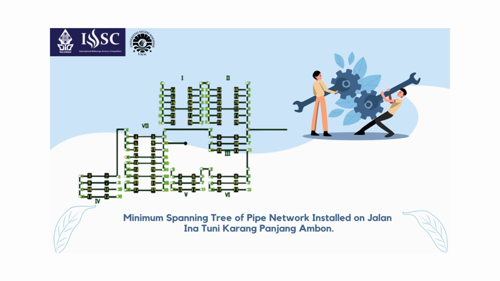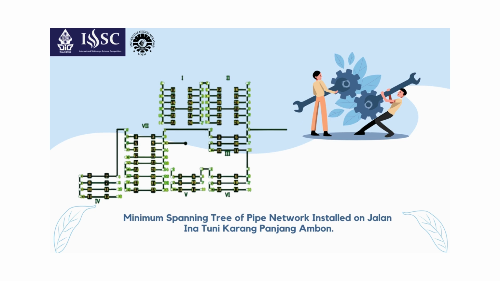Based on data from PT Dream Success Marimbun, the length of the pipe installed, from the collected studies where 7 complexes and the main pipe on Jalan Ina Tuni, Karang Panjang, Ambon were used as samples, was 1,448 meters.